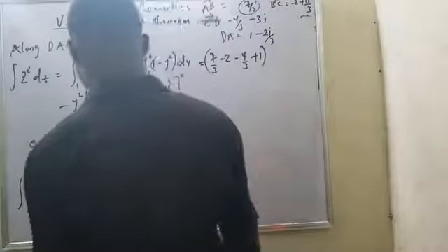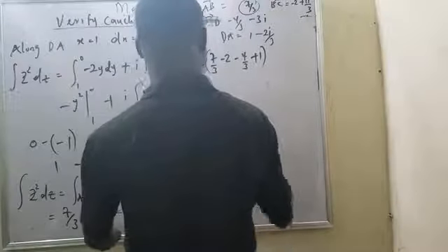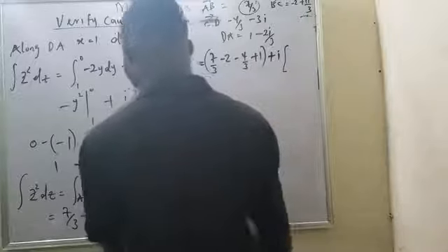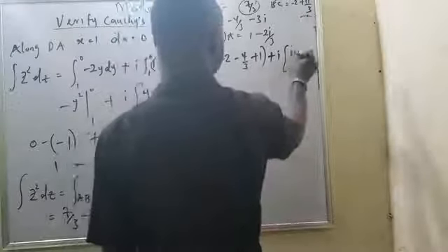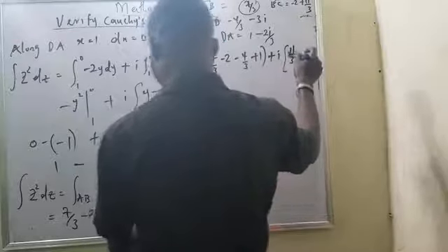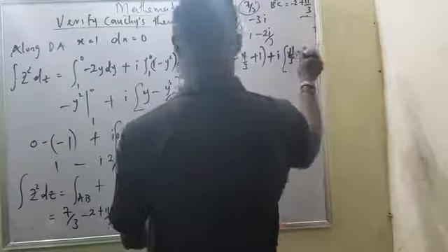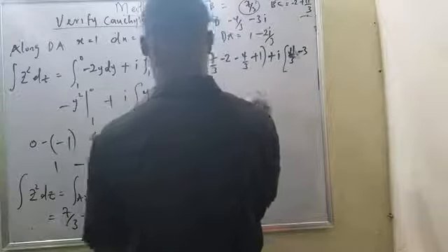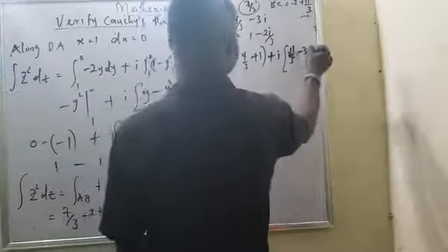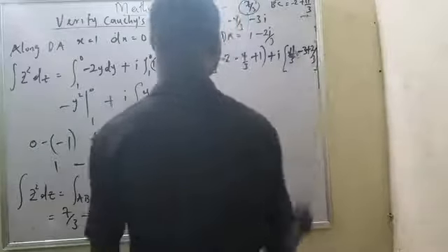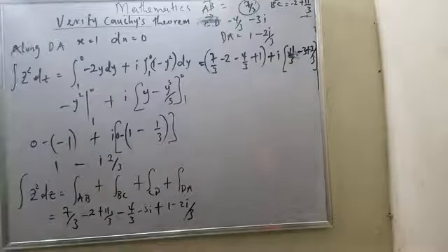Now the next one will be, I have plus i, open a bracket of 11 all over 3 minus 3 plus 2 all over 3. Now I think with this I'm good to go.